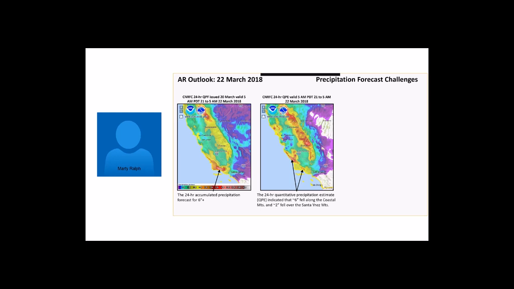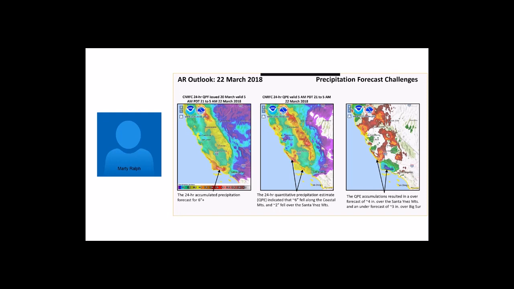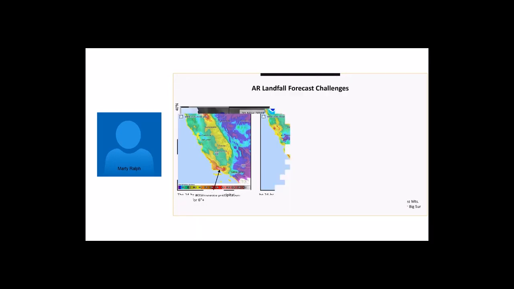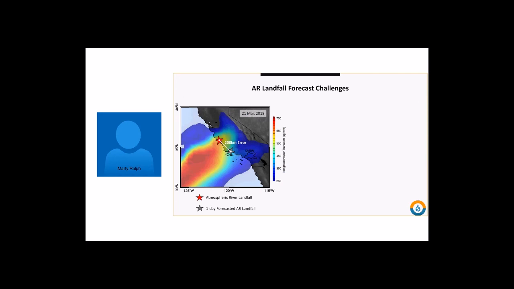And here's what actually happened in the middle panel. The maximum precip was located in Big Sur. They still got some decent precip in Santa Barbara, but it wasn't nearly what hit up in Big Sur and was much less than predicted. This next diagram on the right shows the difference between the predicted and observed, and you see that dipole of purple and yellow, which shows essentially about a 200-kilometer error in the landfall position forecast of the AR, just a day or two or a day ahead.